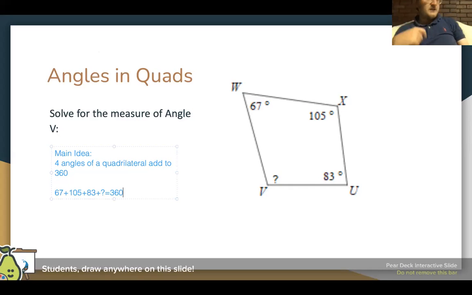I am without my calculator right now, so I'm just going to do this in my head. So 83 plus 67 is 150. That's 255, I believe. So question mark would equal 105. So that's a basic 360-degree quadrilateral problem.